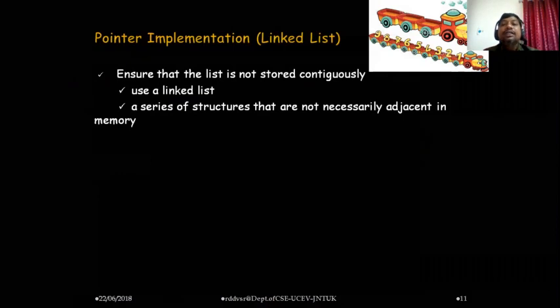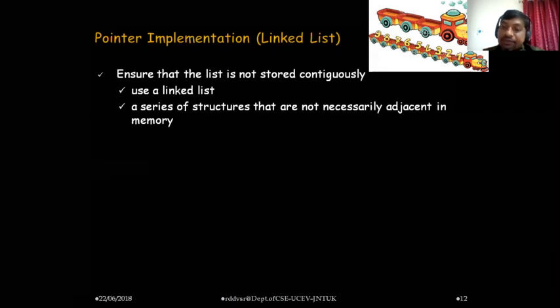In the linked list implementation, it is basically a dynamic way of implementing the list. As and when you want to add a new element into the list, there itself we will create a new location and insert the new element into it.